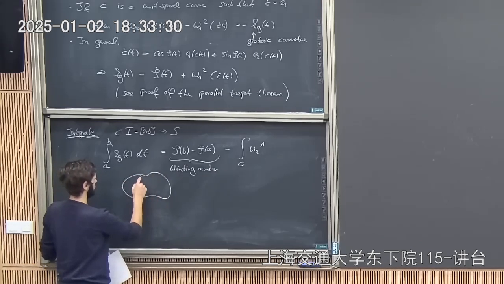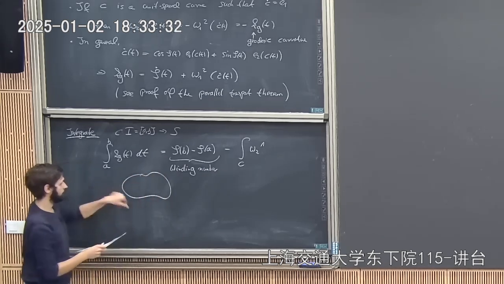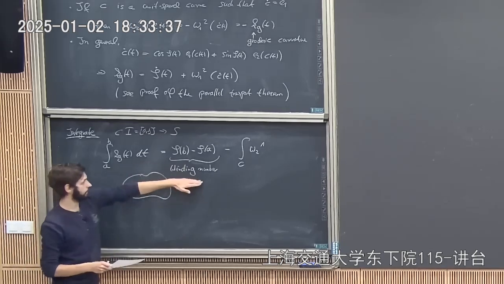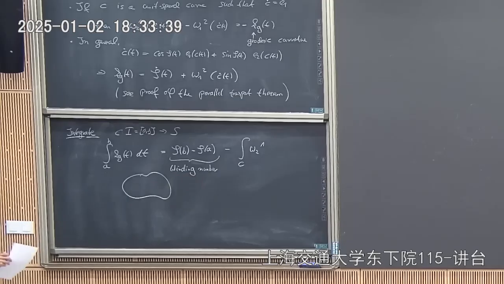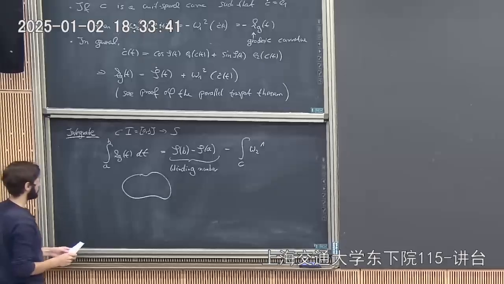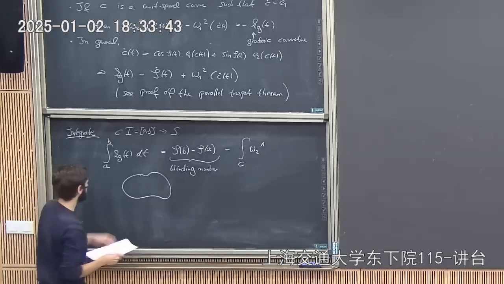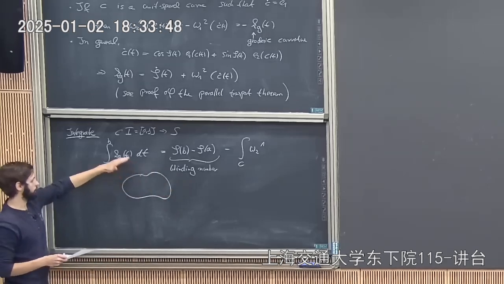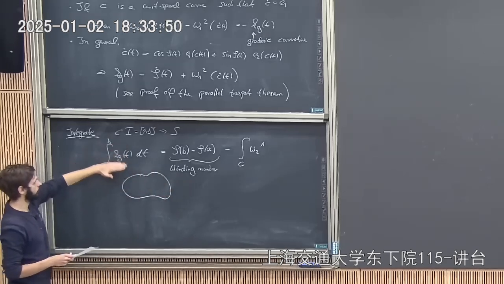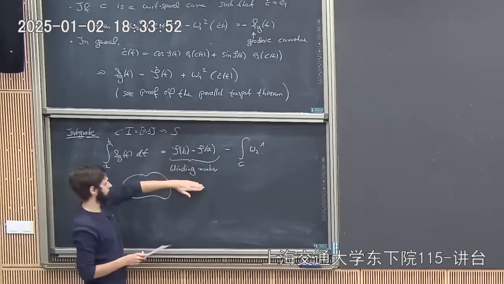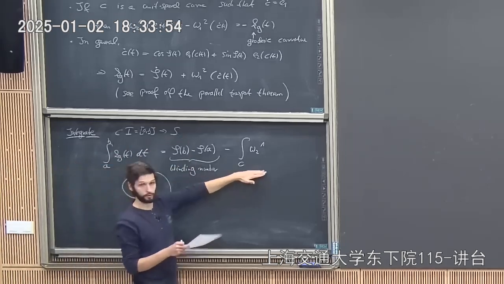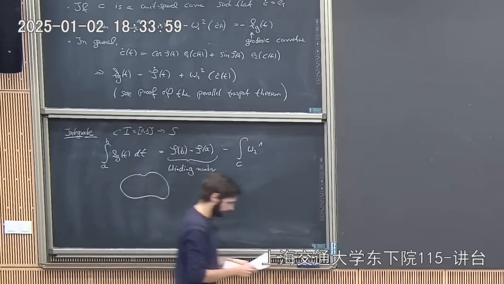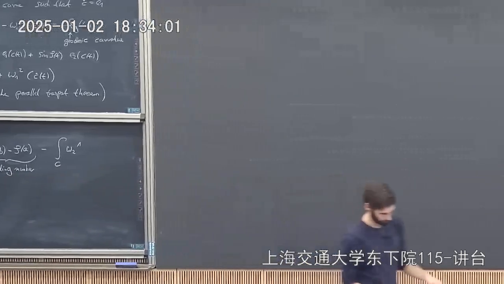You're back at the same point, but the tangent might have turned quite a few times during that time, and that's measured by this winding number. So that's the result: the total geodesic curvature of the curve is given in terms of this winding number and the connection one form. That's this first important result.